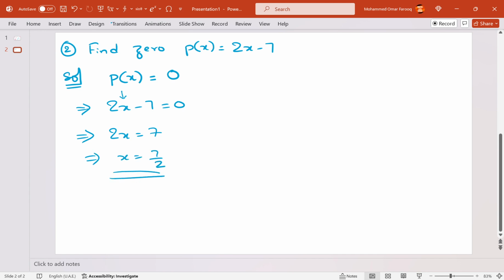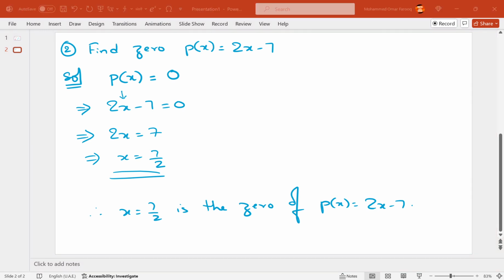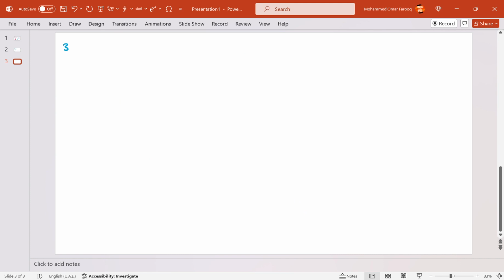So therefore x is equal to 7 by 2 is the 0 of p of x is equal to 2x minus 7. So you have to learn how to write it. Okay, do you understand? See, my dear students, along with listening, please do it. Otherwise just listening will not help.